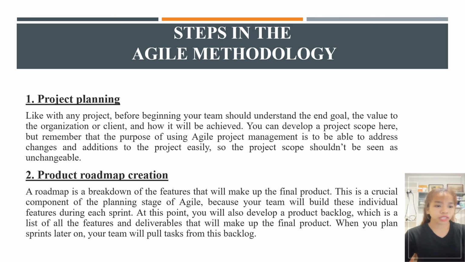At this point, you will also develop a product backlog, which is a list of all the features and deliverables that will make up the final product. When you plan sprints later on, your team will pull tasks from this backlog.